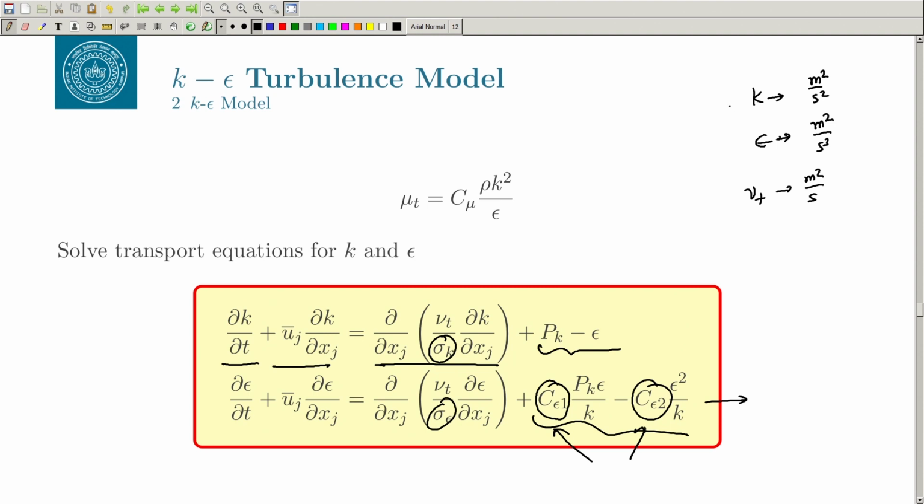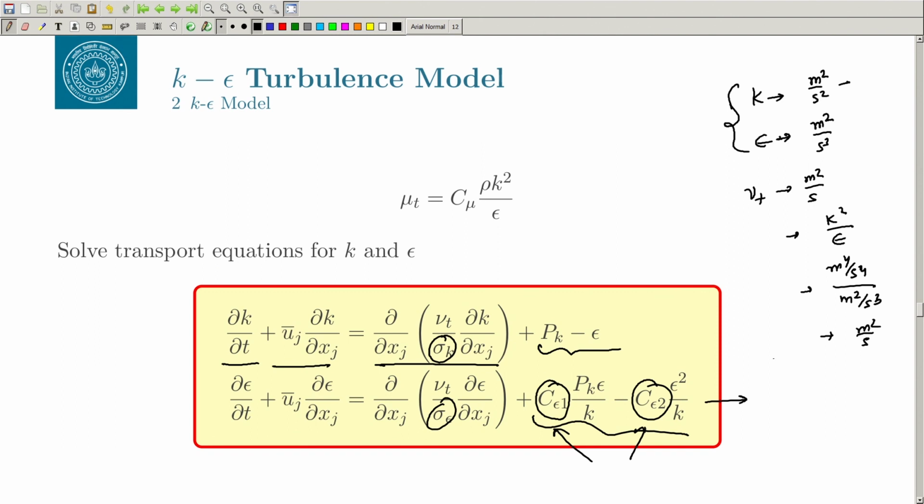We want to use K and epsilon and get nu T. So how do you do that? If you take K square by epsilon, this becomes m to the 4 by second to the 4, divided by meter square by second cube, so that becomes meter square per second.